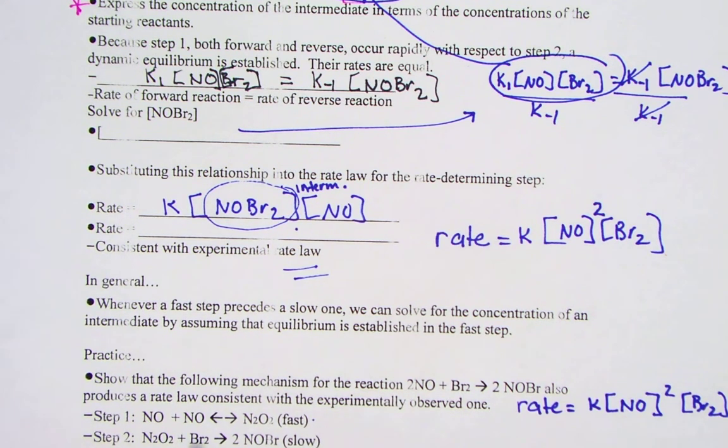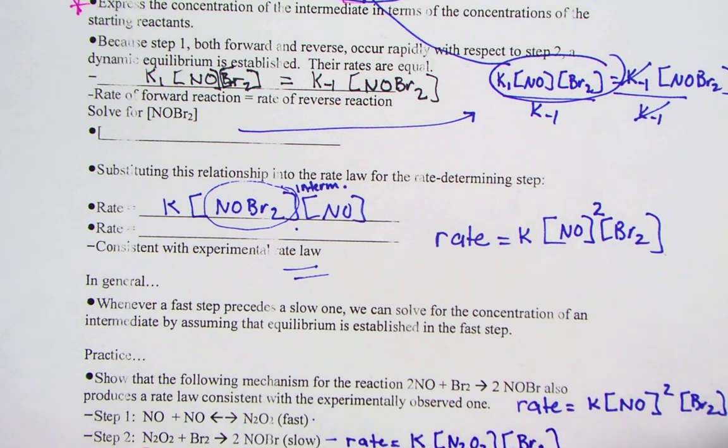In the next step, that intermediate that was produced then gets consumed by hitting it with that third molecule of bromine. 2 units of NOBr would be the slow step. The rate law comes from the slowest step, so this is what we know so far in our observed rate law. Rate is equal to K times the concentration of N2O2 times the concentration of Br2.